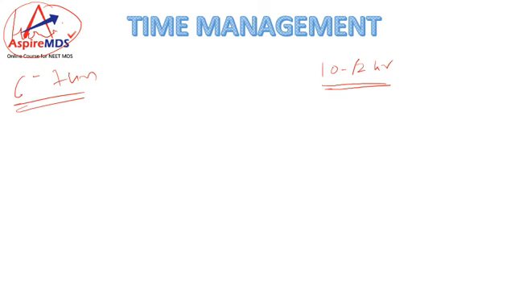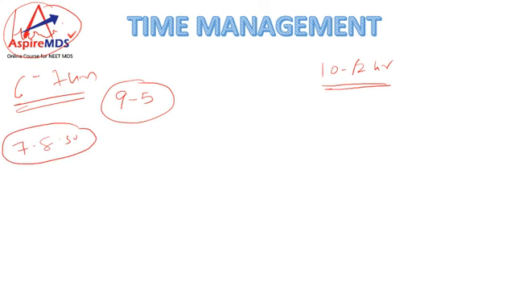So we know what books we have to read. Let's say you are an intern or a house surgeon who has 9 to 5 of college. In that case, how will you manage your time? Let's assume that you can wake up at 6, get ready by 7, and from 7 to 8:30 you have almost half an hour when you can prepare.